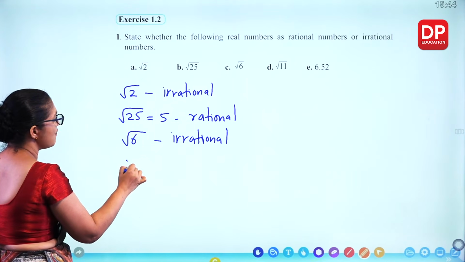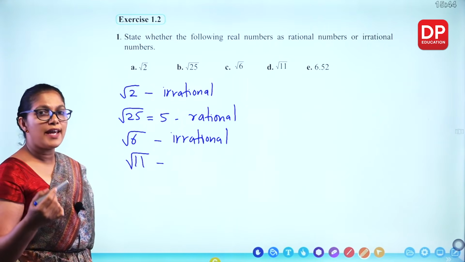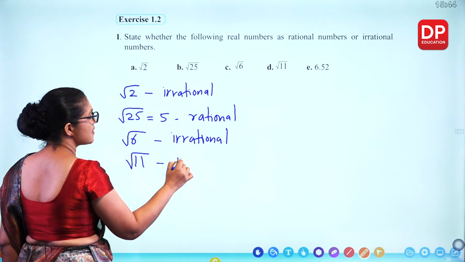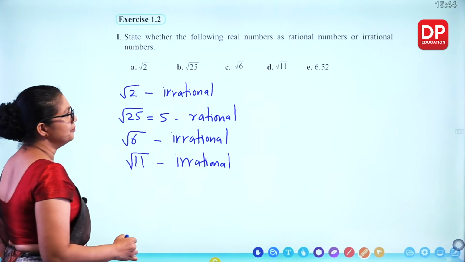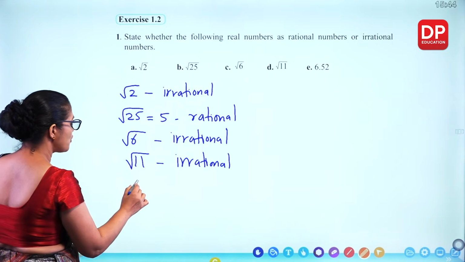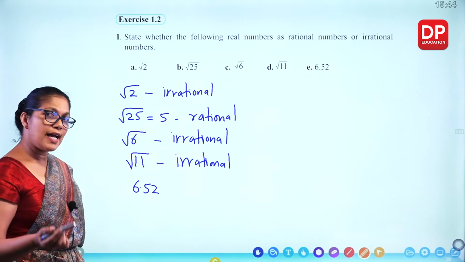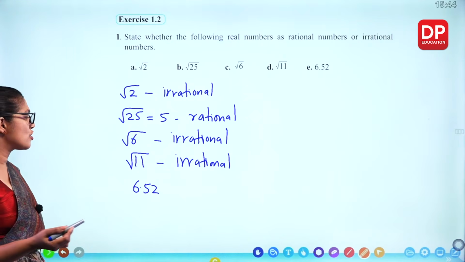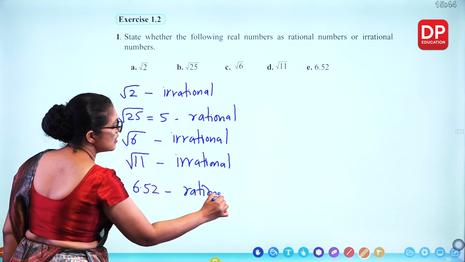What about root 11? That also never ends, so that's an irrational number. What about 6.52? That's a finite decimal. Finite decimals you can convert to fractions, so those are rational numbers.